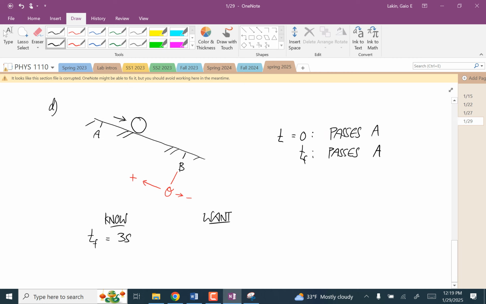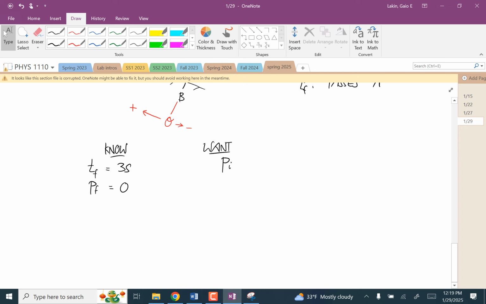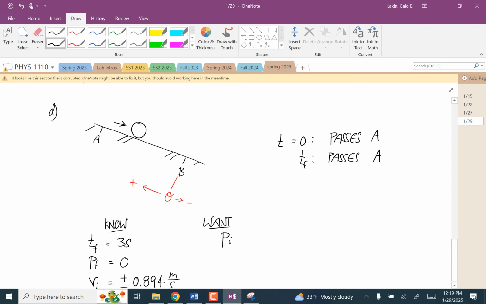So what we're trying to solve for now is the position when the ball passes A. We know that the final position is 0. The velocities, so the initial velocity, okay, we know the speed is 0.894. But now the ball is going in the negative direction, okay?